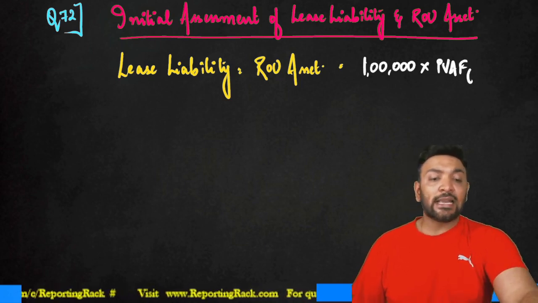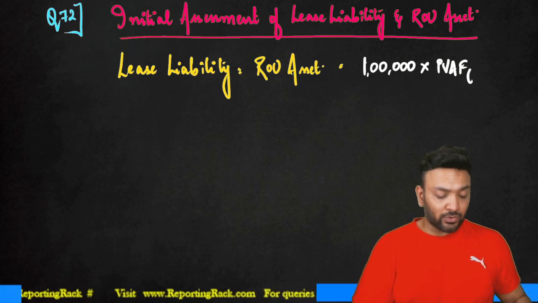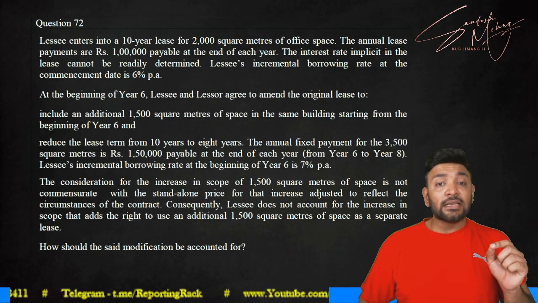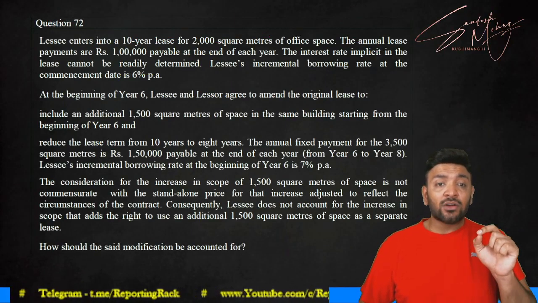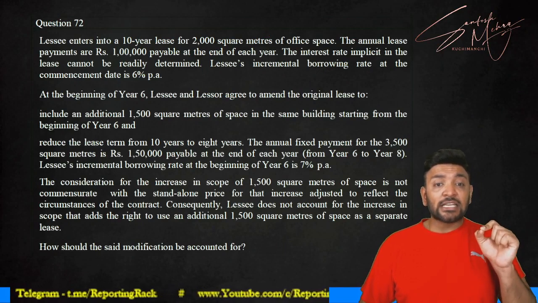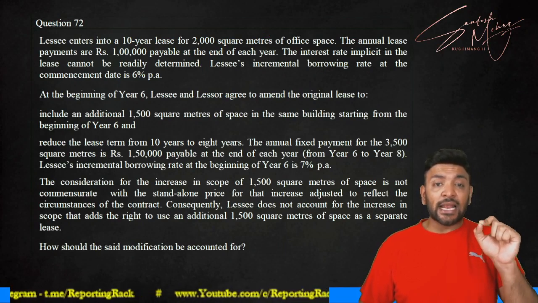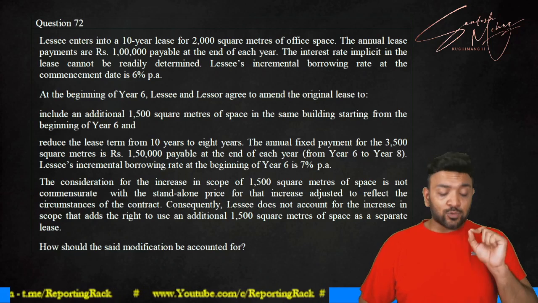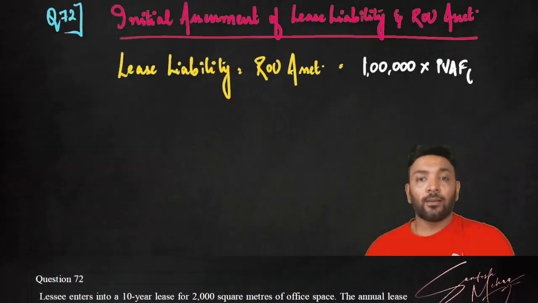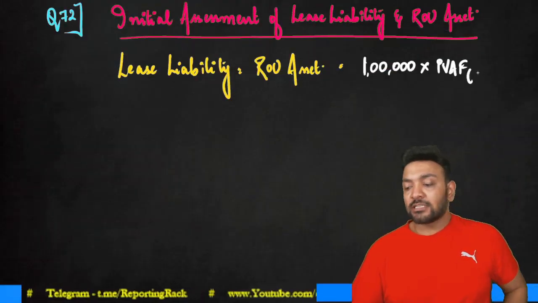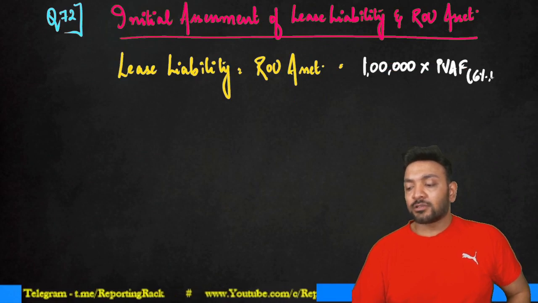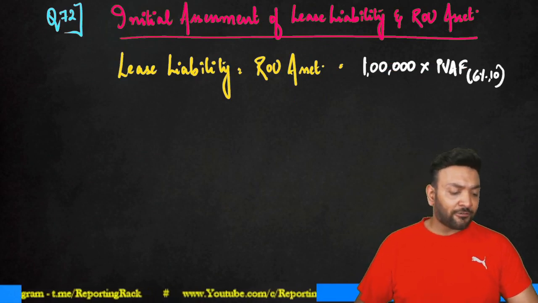How much is the lease rate, the discounting rate? Get the question and tell me. The discount rate initially assessed was 6%. Initially, it was considered at 6% for 10 years. It is 1 lakh of lease payment. 6% for 10 years.